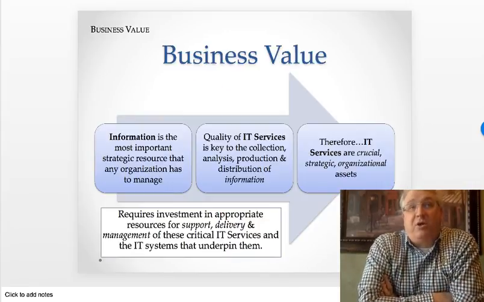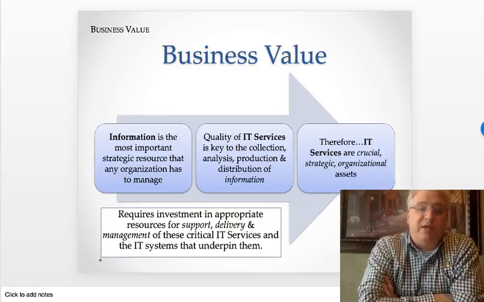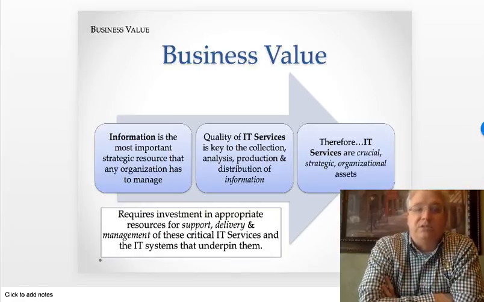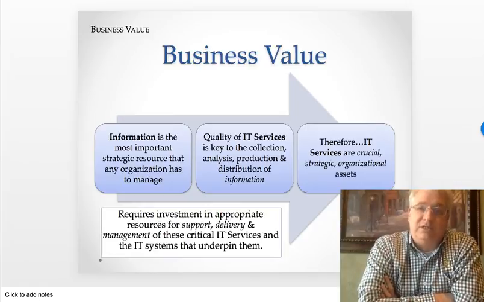This harkens back to the very first week, probably the first slide that we looked at together, when we talked about information as a strategic resource. We made the point that as a resource, it has to be managed, and that's what managers do, they manage things. One of those things they might manage is information, which is different than data.